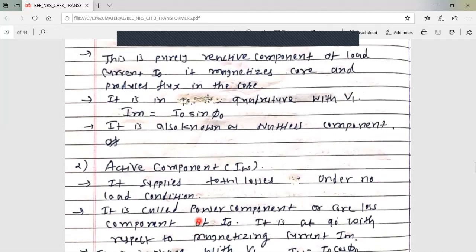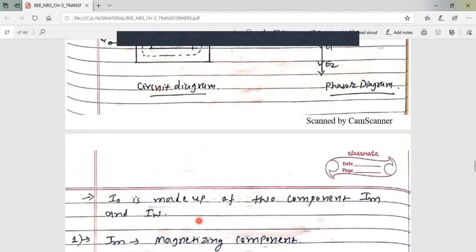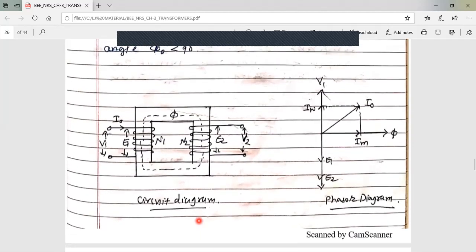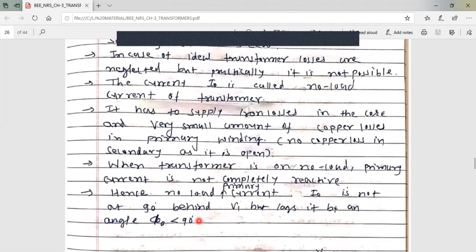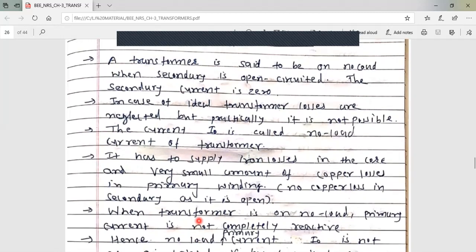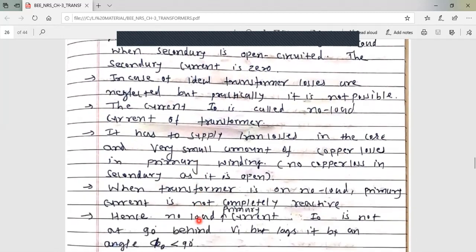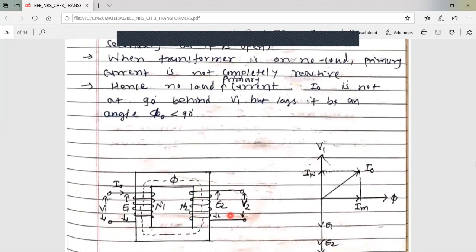Again, I revise. First of all, in a practical transformer, we know that there are losses. On no load condition, we have not connected any load at the secondary winding. The secondary winding is open circuited. That's why it is known as a practical transformer on no load condition.